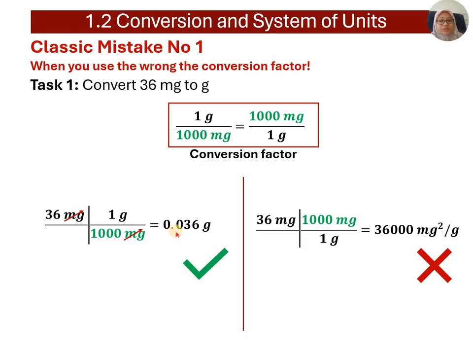If you do it correctly, you will get 0.036 gram, but if you misplace the conversion factor like this, whereby 1000 milligram is at the numerator and 1 gram at the denominator, the milligram actually becomes milligram square and the gram will be at the denominator and the value will be very different, which is 36 thousandths. So this is wrong. Make sure that when you place the conversion factor, you can cancel out the original unit and you get a new unit.